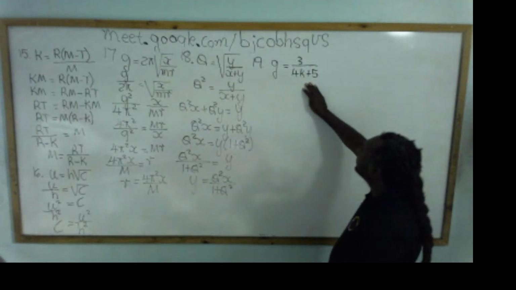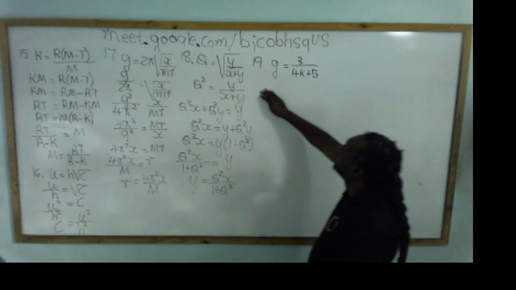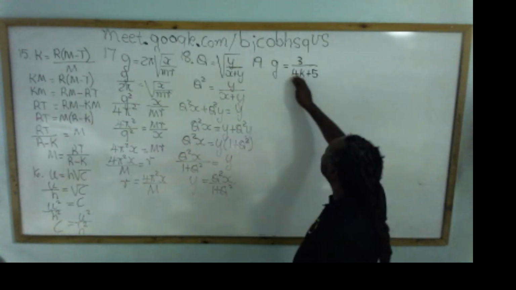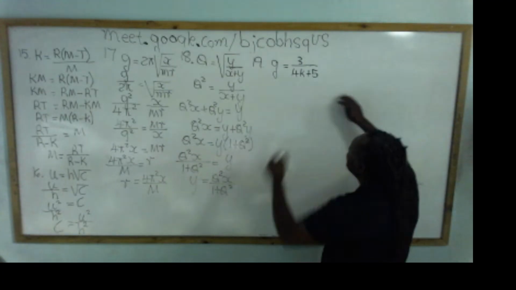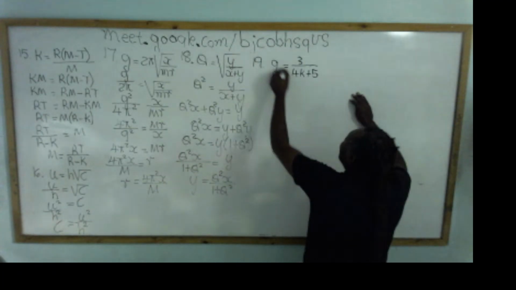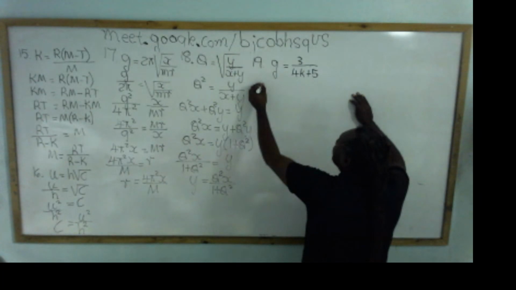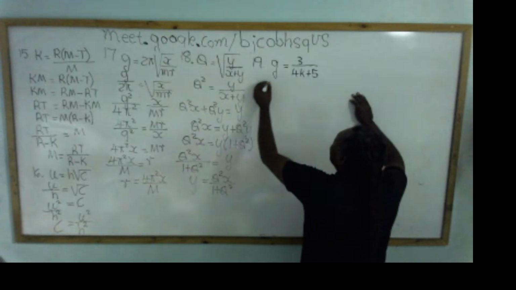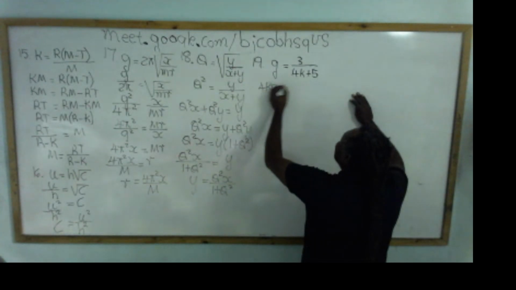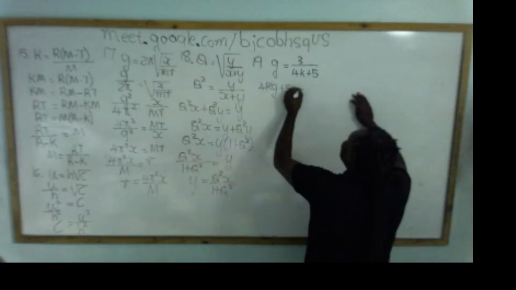So instead of just putting the g and enclosing 4k plus 5 in brackets, we do it in one step. We multiply this by the g, and we have 4kg plus 5g is equal to 3.